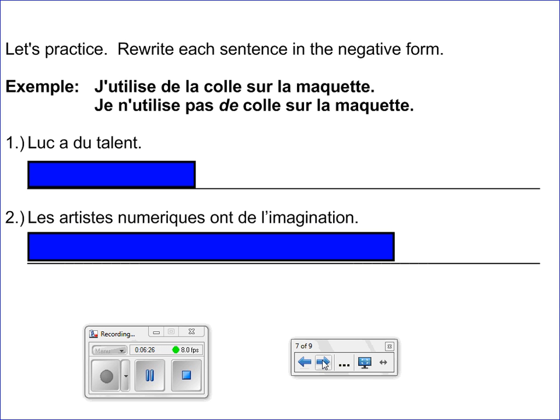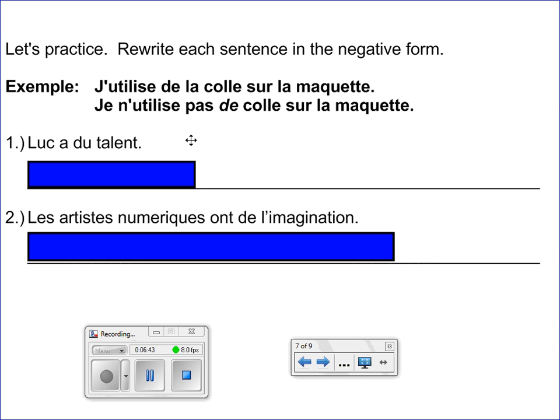Okay, so here we're going to practice with rewriting each sentence in the negative form. Okay, and it says, Luc a du talent. So this sentence reads, Luke has talent.